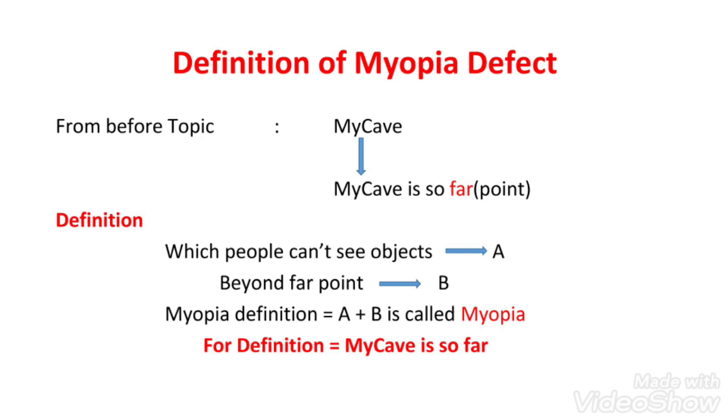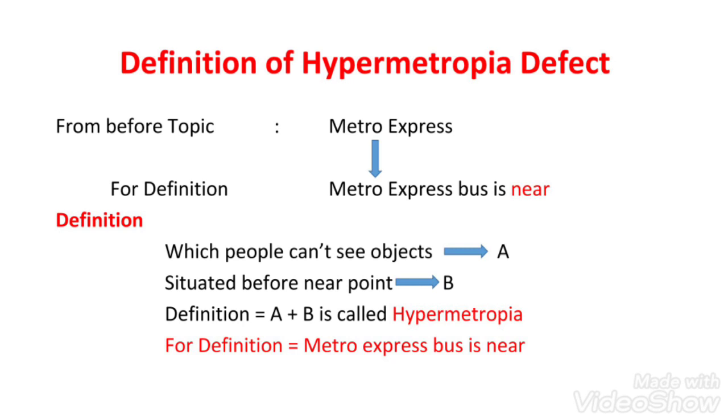So you have to remember the keyword for the definition: my cave is so far. If you remember that keyword, you can write the definition of myopia. Next, move to another topic, definition of hypermetropia defect.